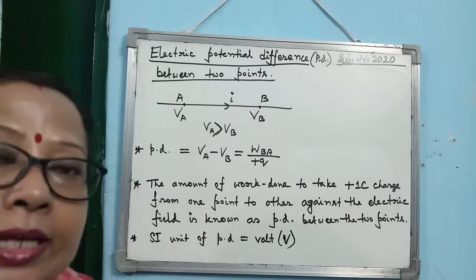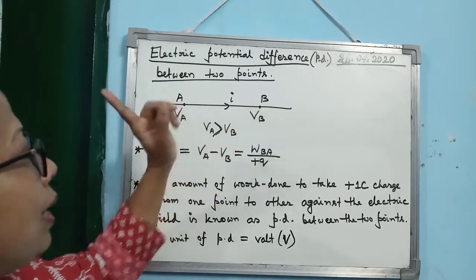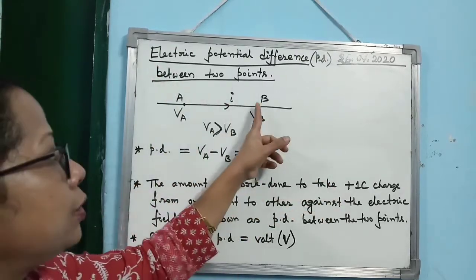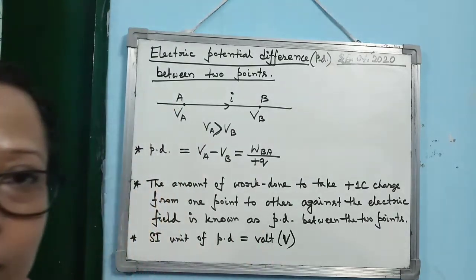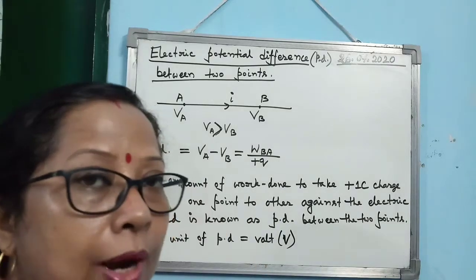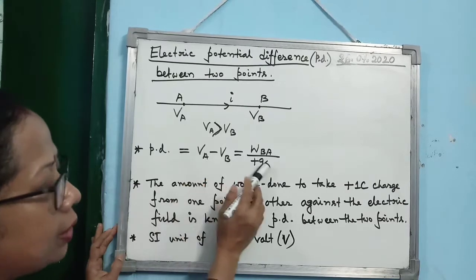Now the question arises: I said from one point to the other, so one can take the charge from A to B and one can take the charge from B to A. Are they the same? No. So you have to know from which point to which point you have to take the charge. That's why I have written it like this.